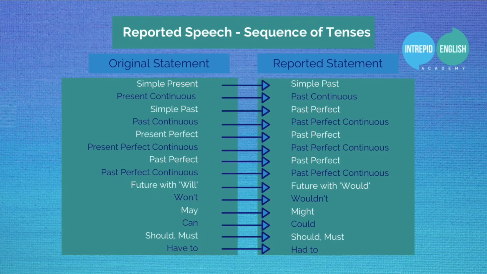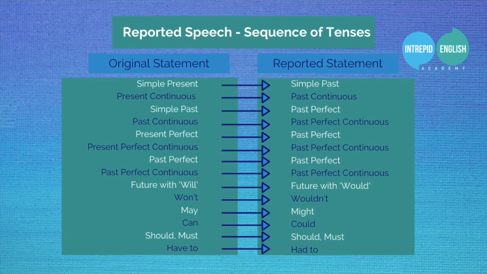Reported speech. This is a very common, very important area of English grammar. And it's important that you understand that whatever verb tense was used in the original speech, the direct speech, we need to move that tense back.